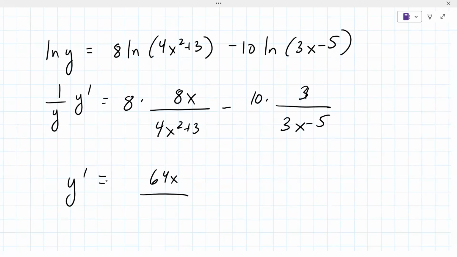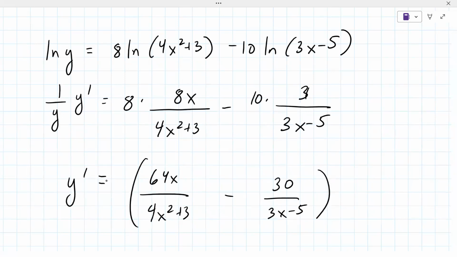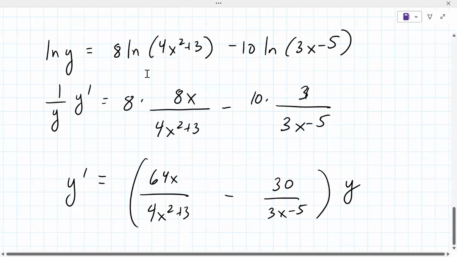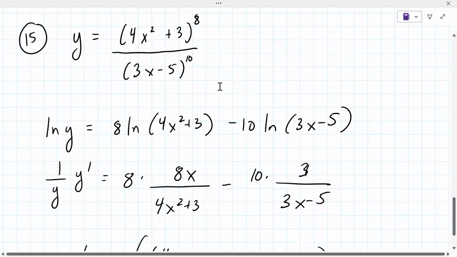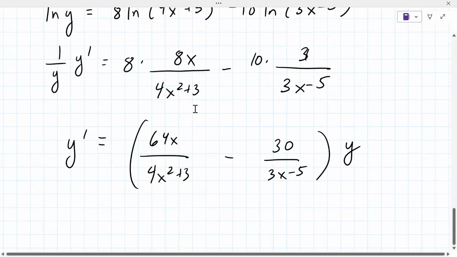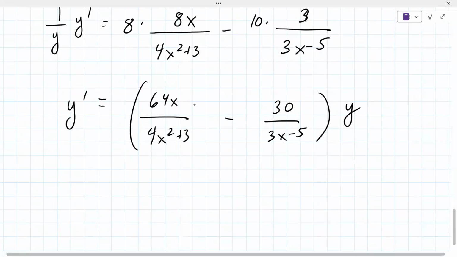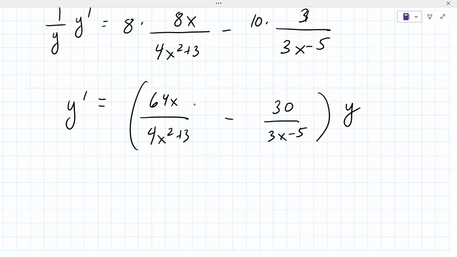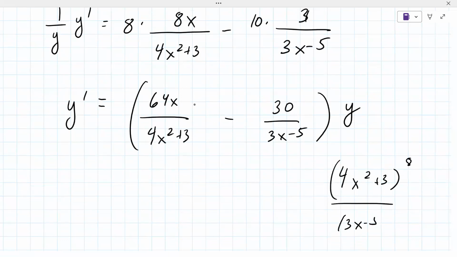And it's easy to forget to do that. 30 over 3x minus 5. And so that y is the original. Okay, I got that.